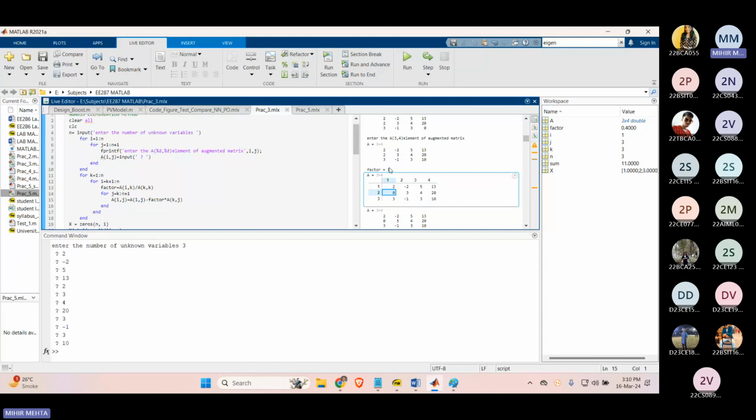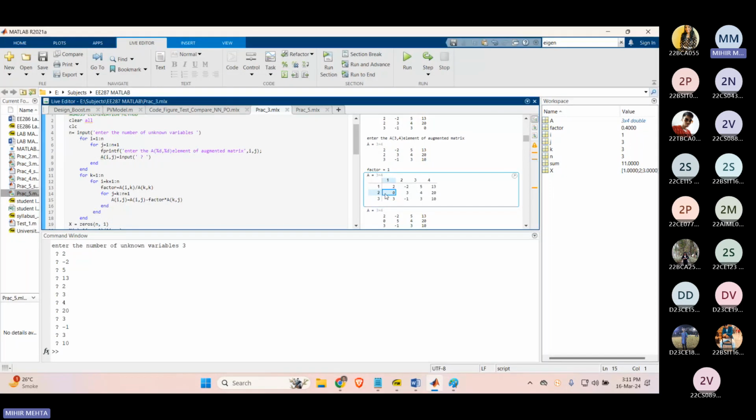Okay, so once my factor has been decided, understand here, my I value is 2, j value is 1. So here 2, 1. See, when I keep my cursor here, it is showing me the last values. But right now my I value is 2, j value is 1.